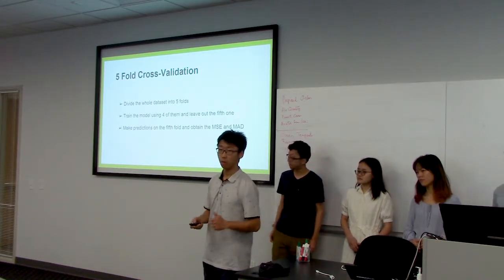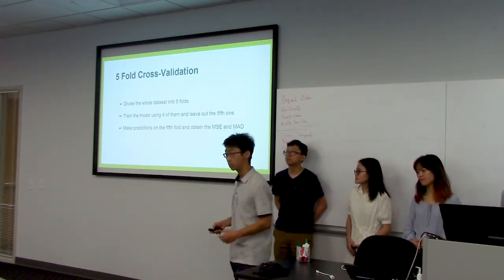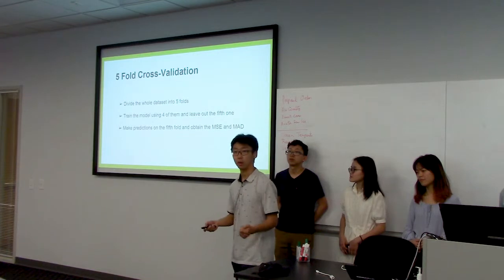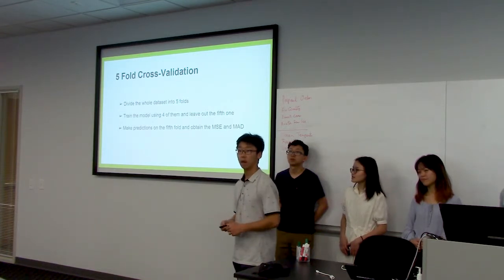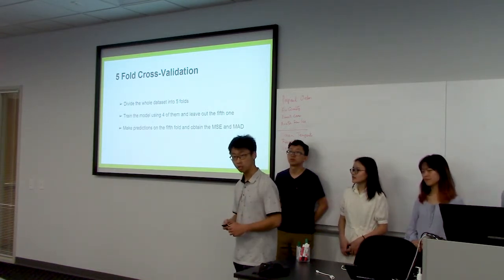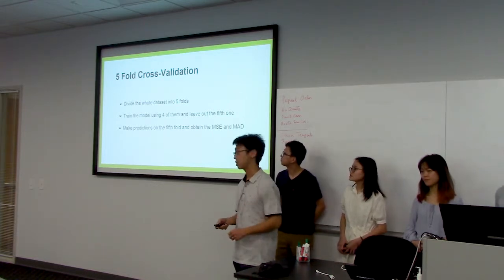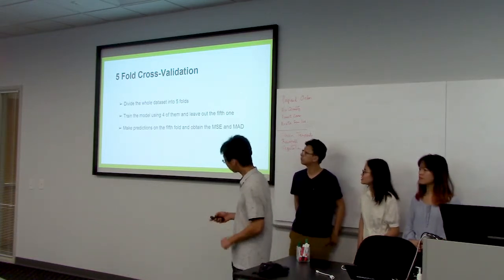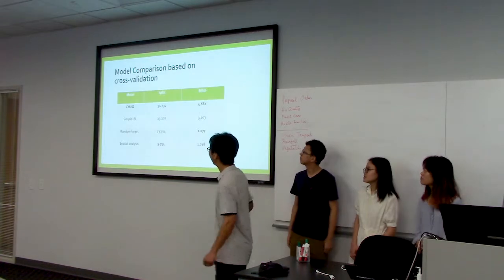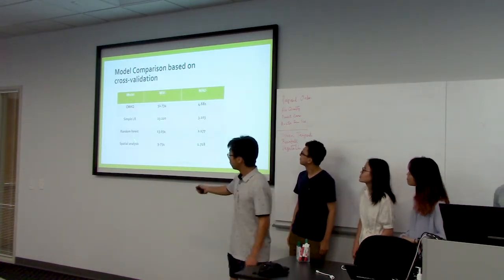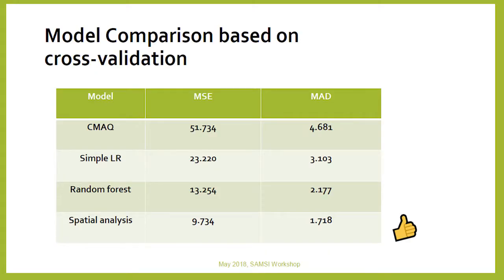So we use 2 metrics as our measurement. One is MSE, mean squared error, and another is MAD, median absolute deviation, to see which model has a better result. So we have some interesting results. Here you go. The first line shows the MSE and MAD for the CMAQ model, which is given. It has an MSE of 51, which is pretty high.